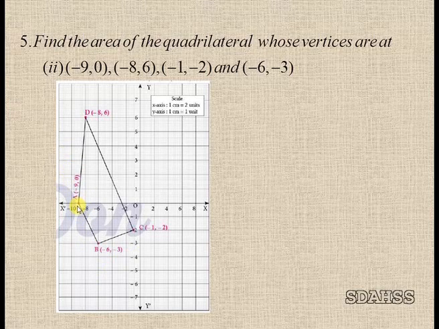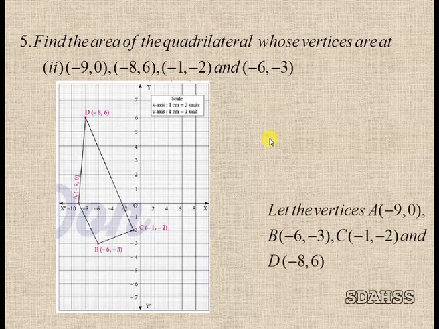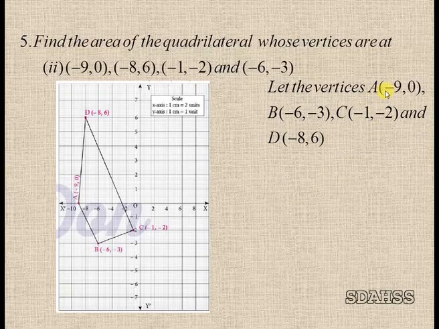Here A is (-9, 0). You should take A, B, C, D in the counterclockwise direction. A (-9, 0), B (-6, -3), C (-1, -2), D (-8, 6).